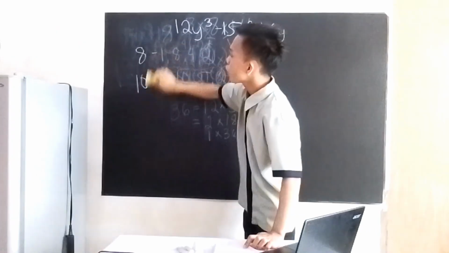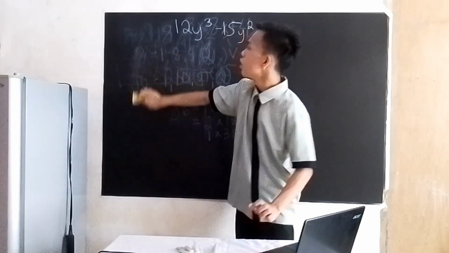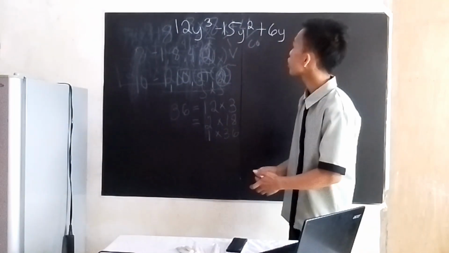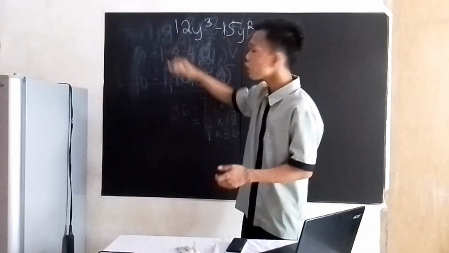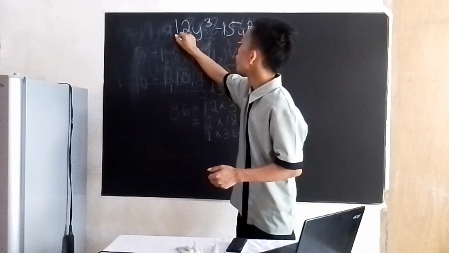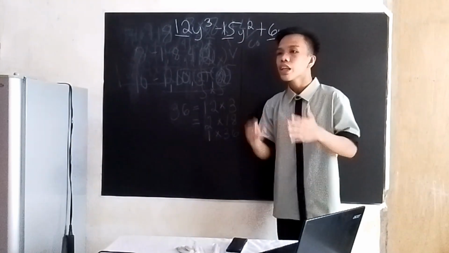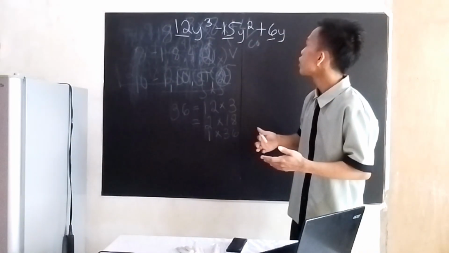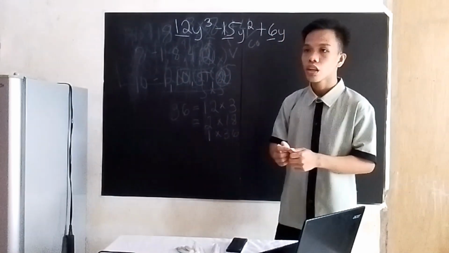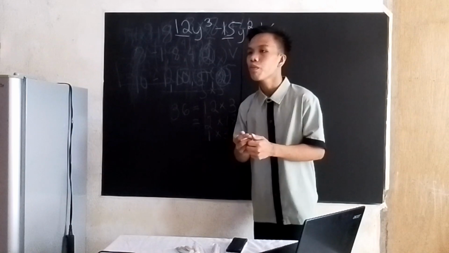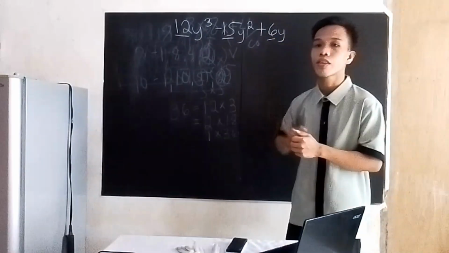So let's proceed to our main topic. As you can see here, let's focus first on the coefficients, 12, 15, and 6. Think of a number that you can divide on these three coefficients. So what number can you divide to 12, 15, and 6?